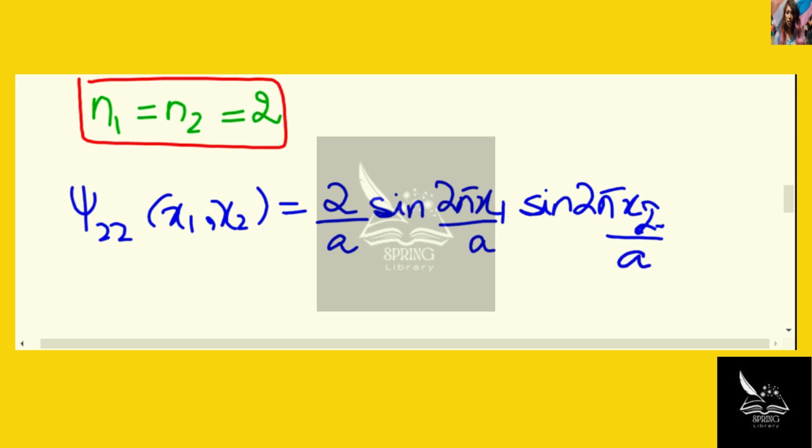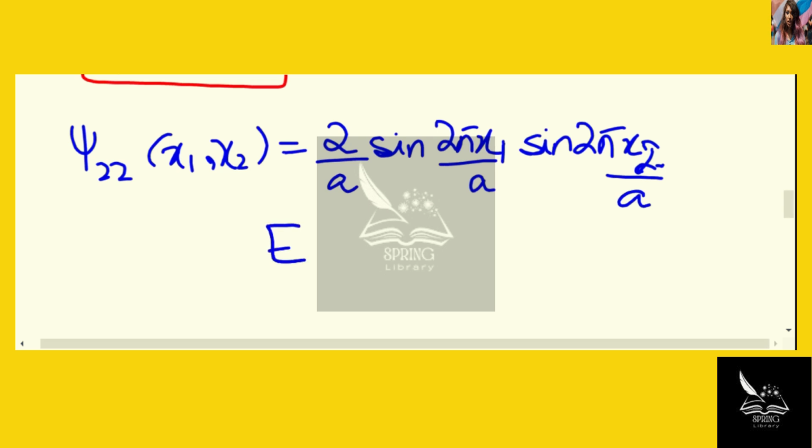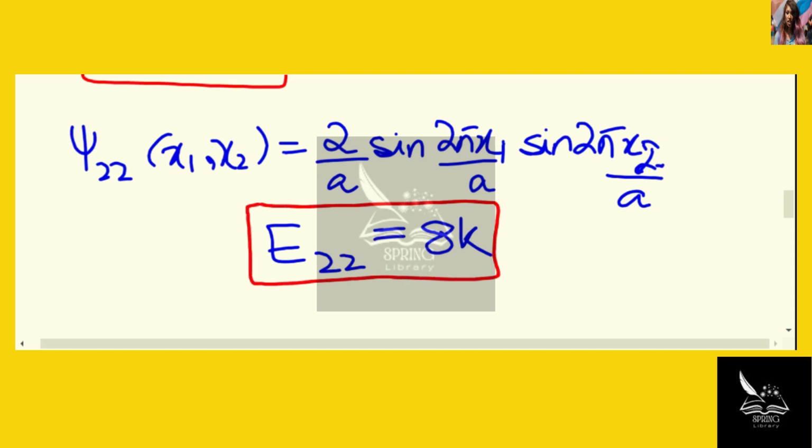From here we get that the energy E 2 2 is equal to 8K, and that is non-degenerate.